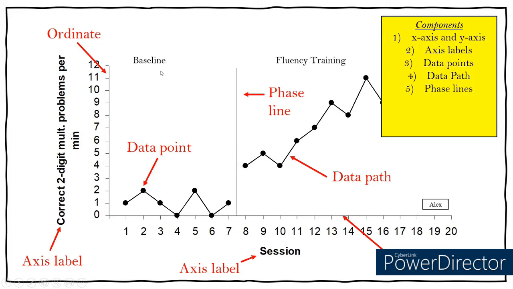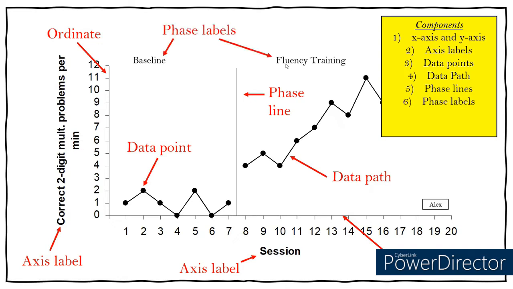You also need to have the data points, which are these little points. Moving forward, we must understand how this target behavior per session or per day is collected. You need to have the data path, which are the lines that connect your data points.